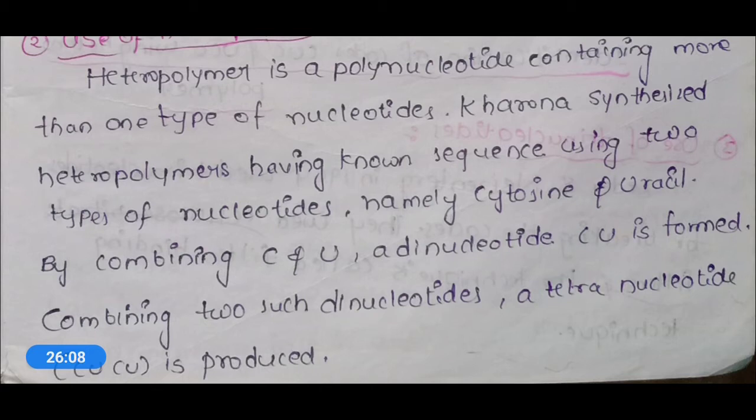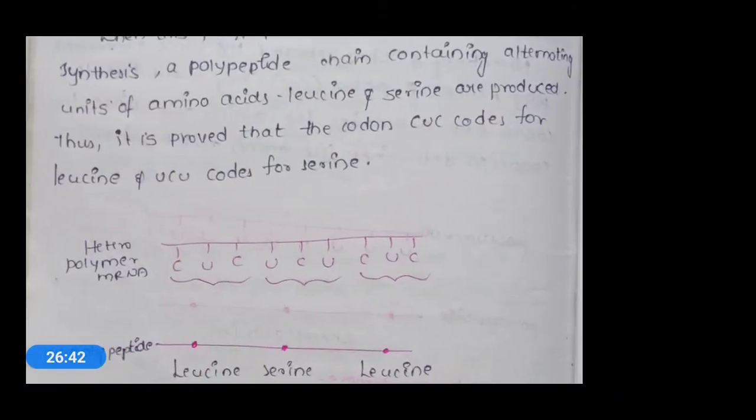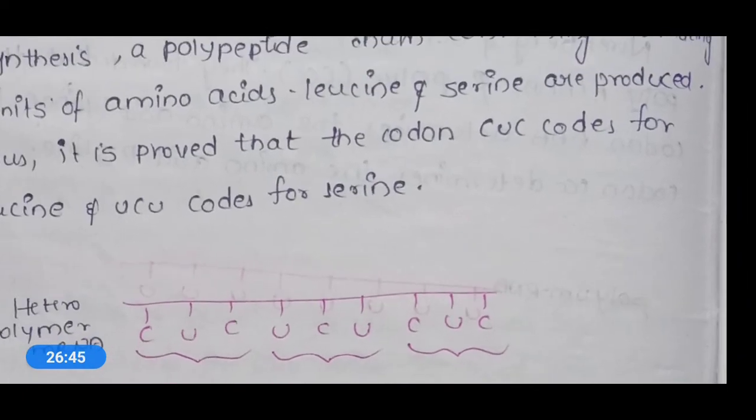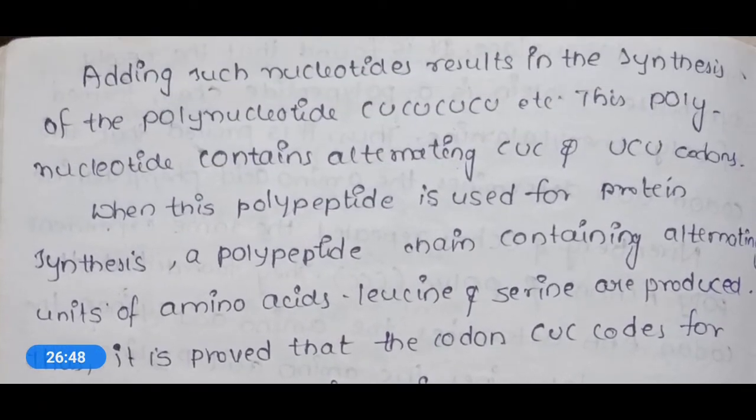So two nucleotides were taken, CU, and he added two dinucleotides, that is one CU and a second CU. He combined both CUs, and he carried out the same experiment similar to the previous one which Nirenberg did with uracil, cytosine and adenine. So what steps did he take in the experiment?